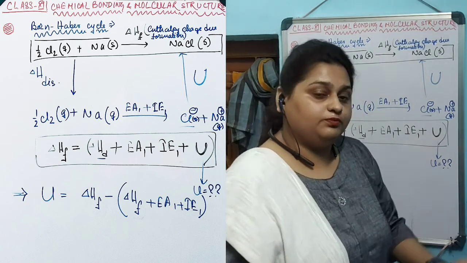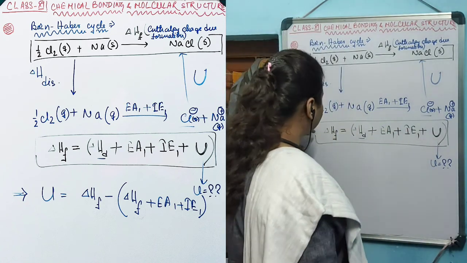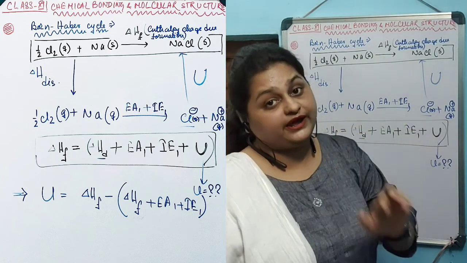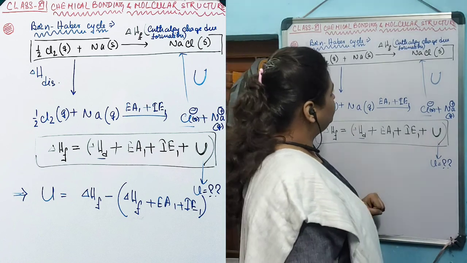We don't know U. By putting the respective values in this equation and simplifying, we can find out the amount of U indirectly for this particular reaction.